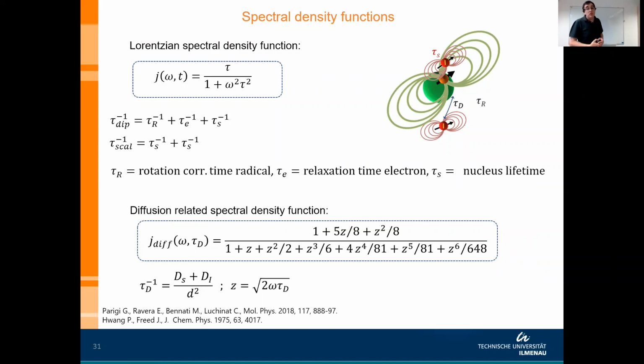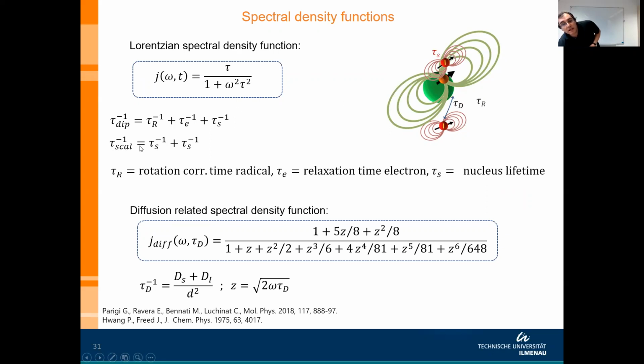The correlation times here are basically combinations of the dipolar interaction that is modulated by rotation and translational diffusion. We can see here that it is a combination of these times, right? And these are defined here. I will say a bit about these times.